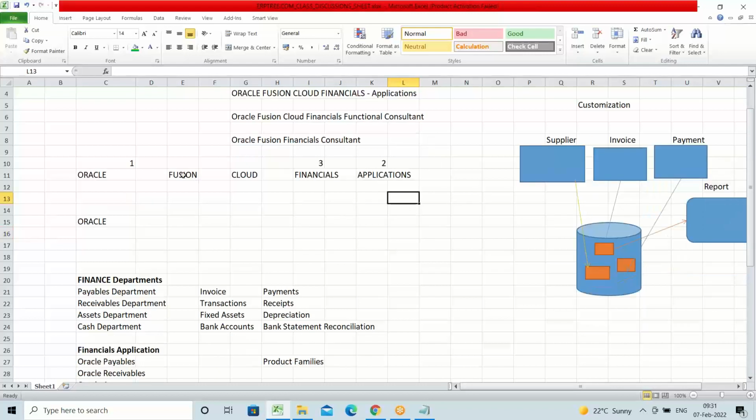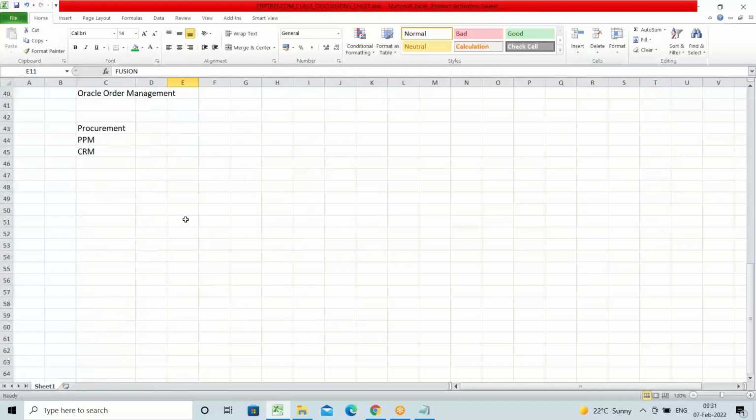Now we'll talk about fusion. What does that mean by fusion? Any meaning? We just have to understand the English term meaning. What does fusion mean?